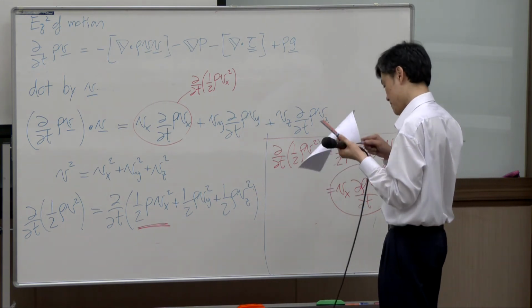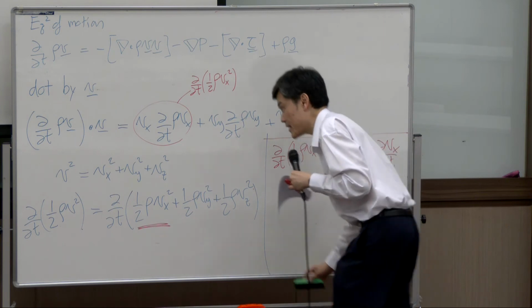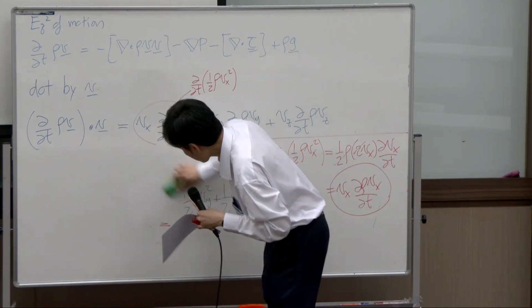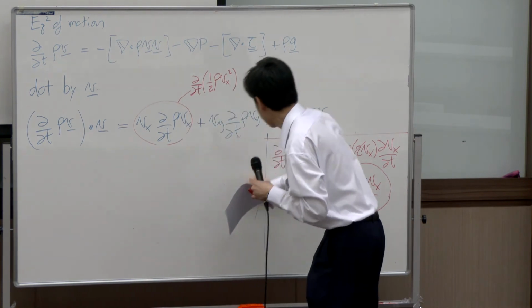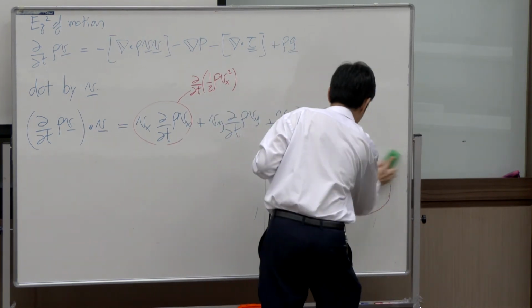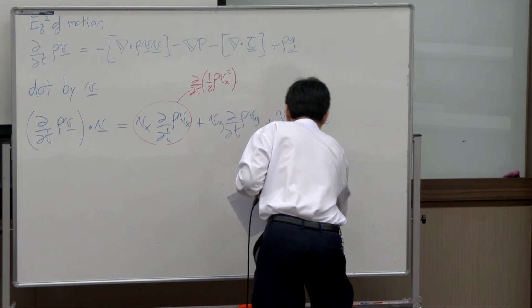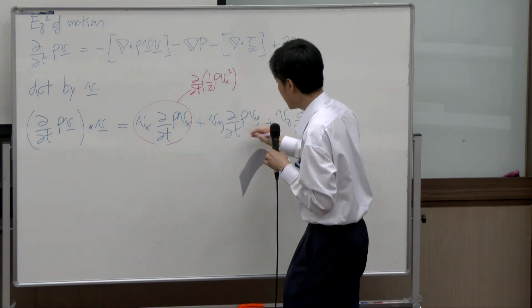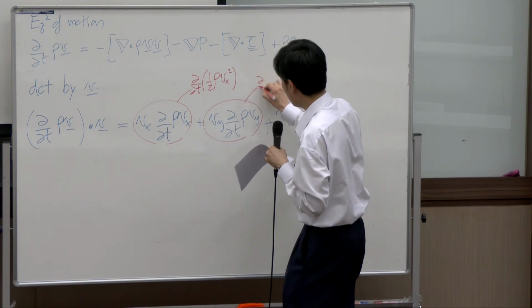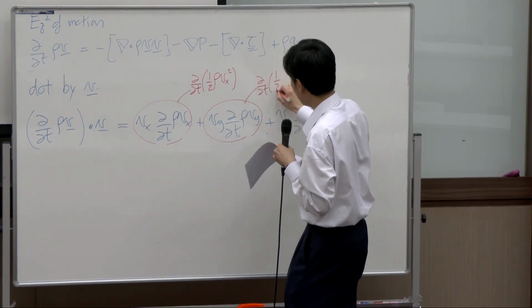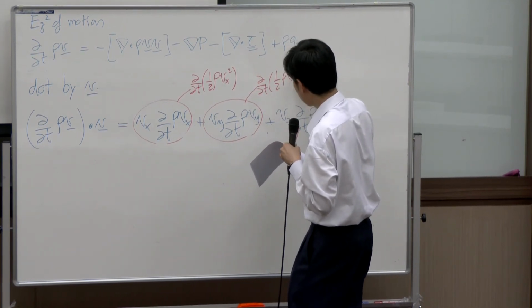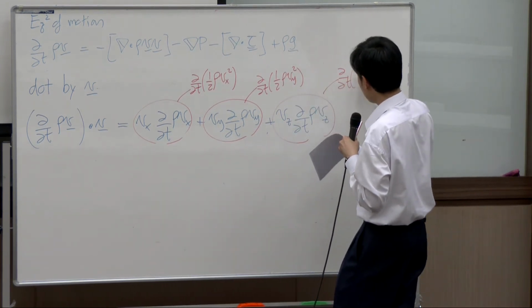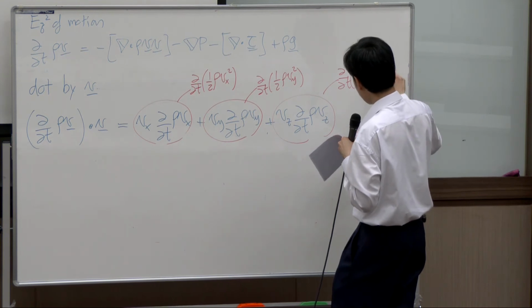So if I repeat this, this would be d by dt 1 over 2 rho vy squared, and this would be d by dt 1 over 2 rho vz squared.